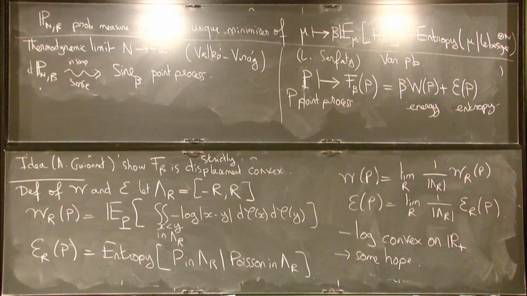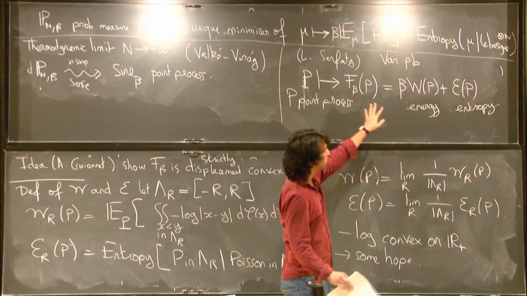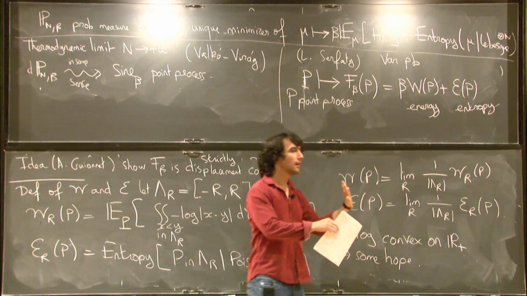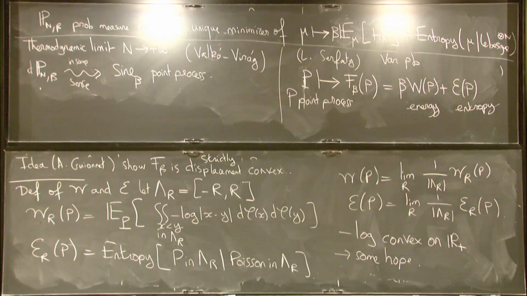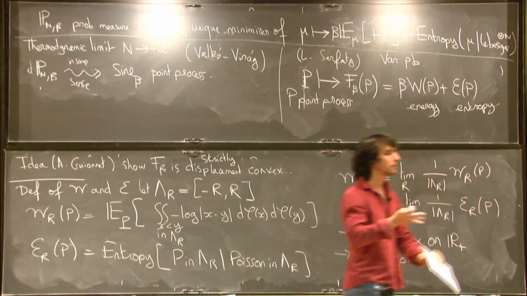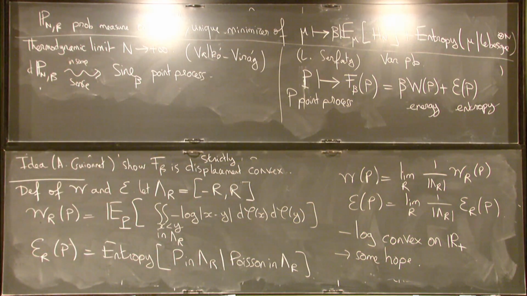Plus, to be honest, the connection between this and this is through this large deviation principle. So I'm lying a little bit when I say there's a variational problem. What I mean is that the probability that this object does not look like a minimizer of f beta is small. And so when you have to put all the pieces together, it's not clear that you can make it work. But yeah, it's a very tempting thing to study.